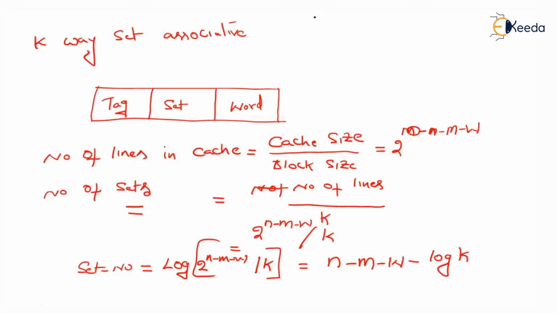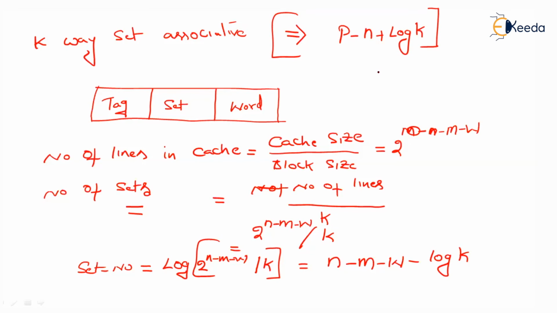Then the tag will be equal to p minus n plus log k. Okay, this is the answer.